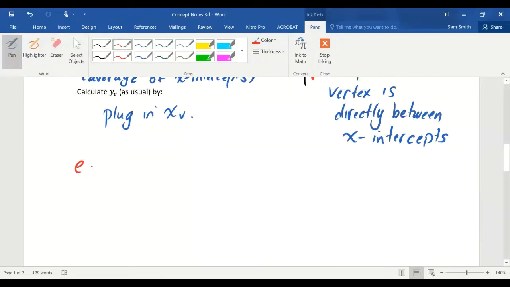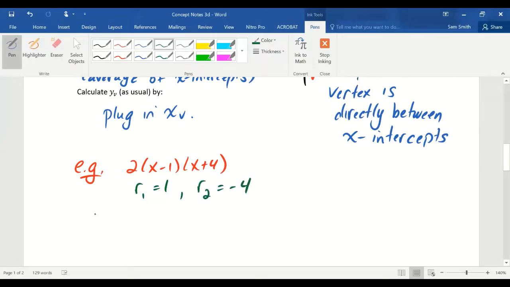Let's get this one that we have been doing up to this point, 2x minus 1, x plus 4, where we found that the x-intercepts were located at 1. Let me actually call them r's. X-intercepts were located at 1 and negative 4.